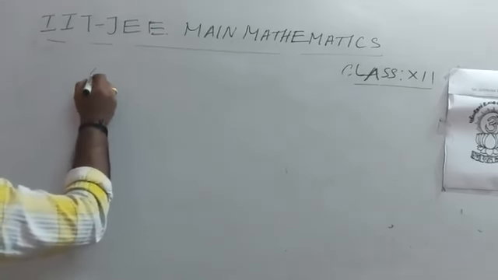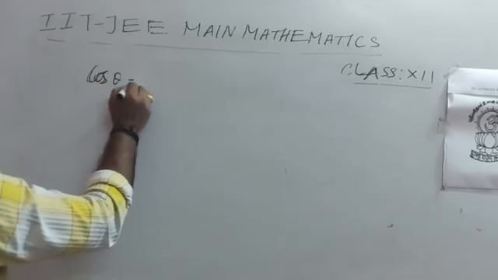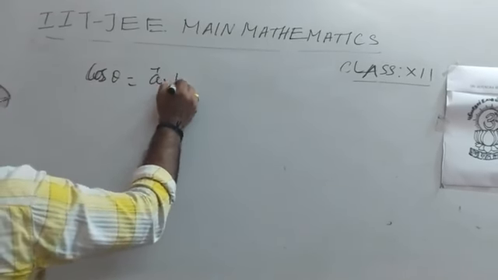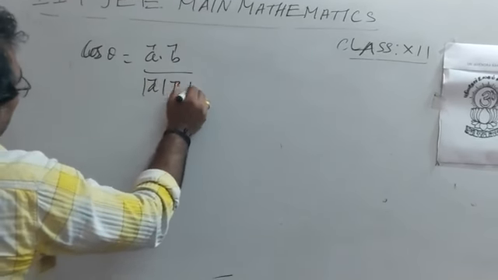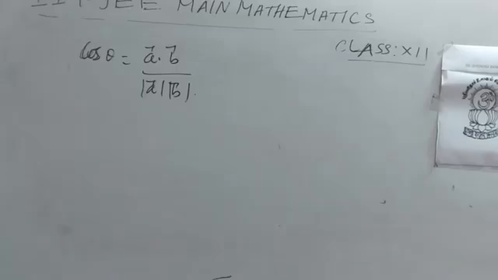Cos theta equal to A vector dot B vector by modulus A vector into modulus B vector.